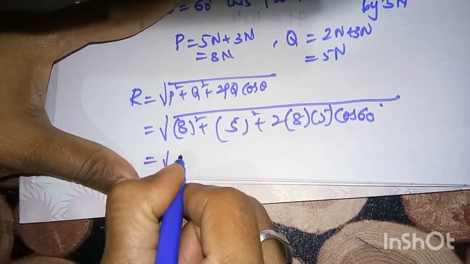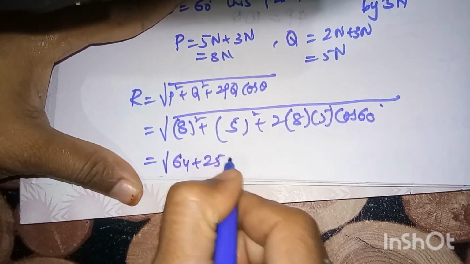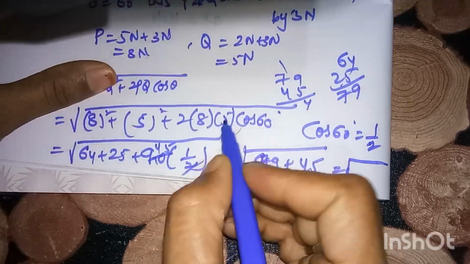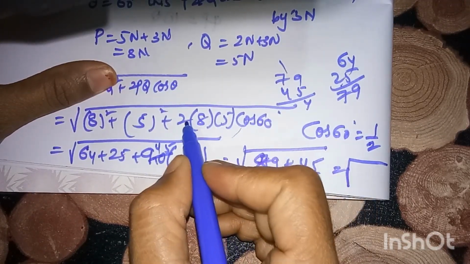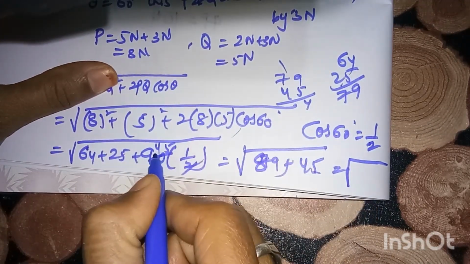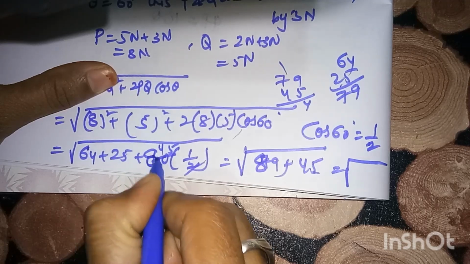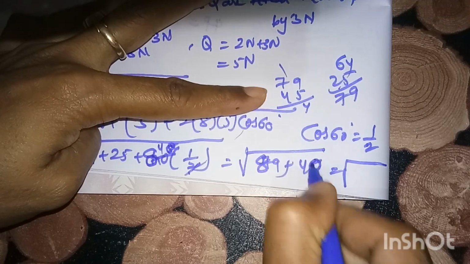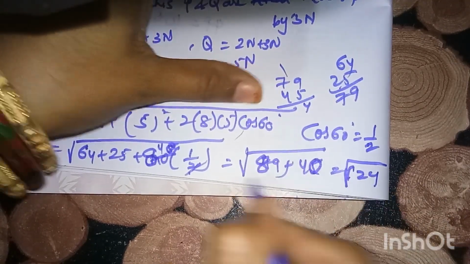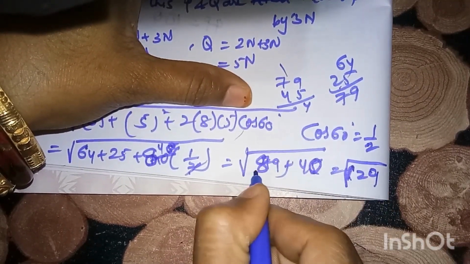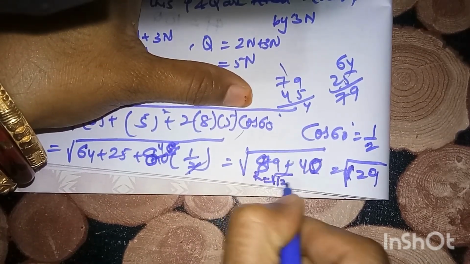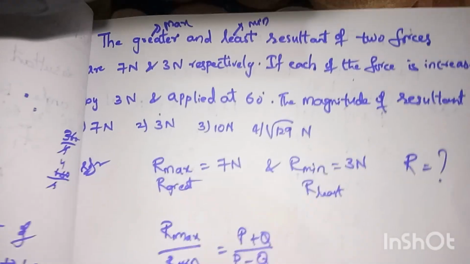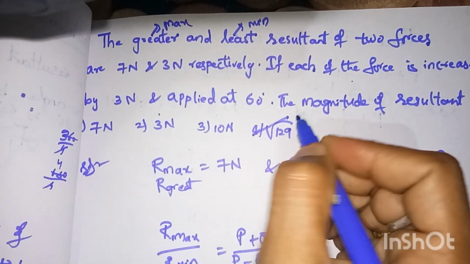So 8 square is 64, 5 square is 25, so 64 plus 25 is 89, plus 2 into 8 into 5 is 80. 2 ones are 2, 2 forties are 80, so 40 here. Plus 40 is 129. So the resultant will be under root 129 Newton. So the answer is root 129 Newton.